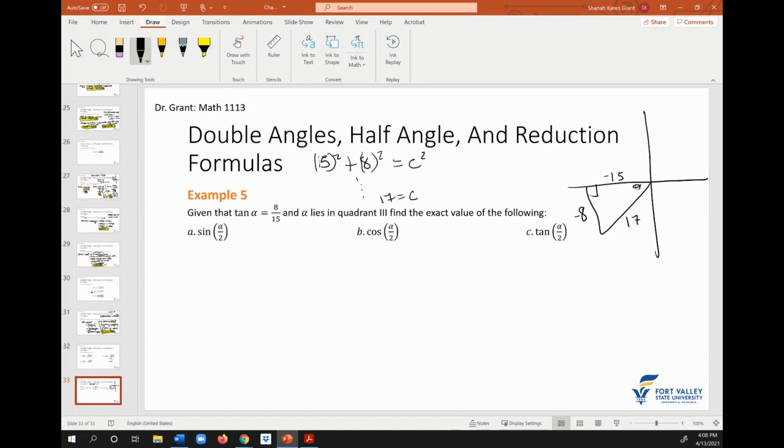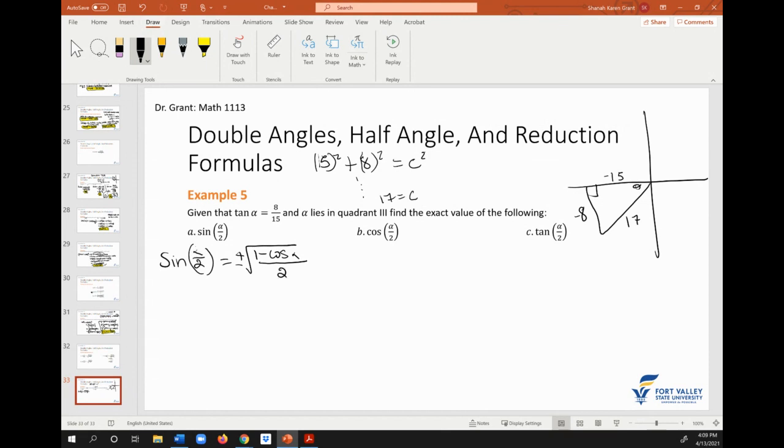All right, so we have all of that information. So if we're trying to find sine of alpha over 2, based on my half-angle identity, sine alpha over 2 is equal to plus or minus the square root of 1 minus cosine alpha over 2. I'm just writing in the formula here.